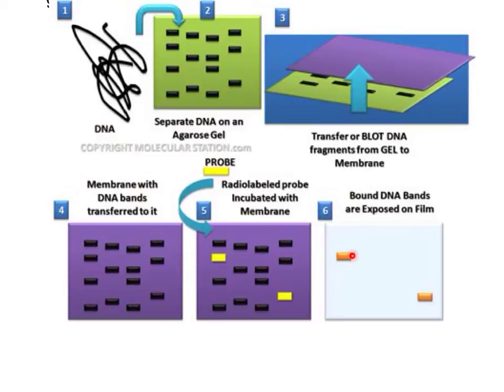So from that we know that the probe has stuck to the DNA here and here, and from that we know that the DNA that we're interested in is the DNA here and here. So we know that our gene, in this case insulin, can be found here and here.